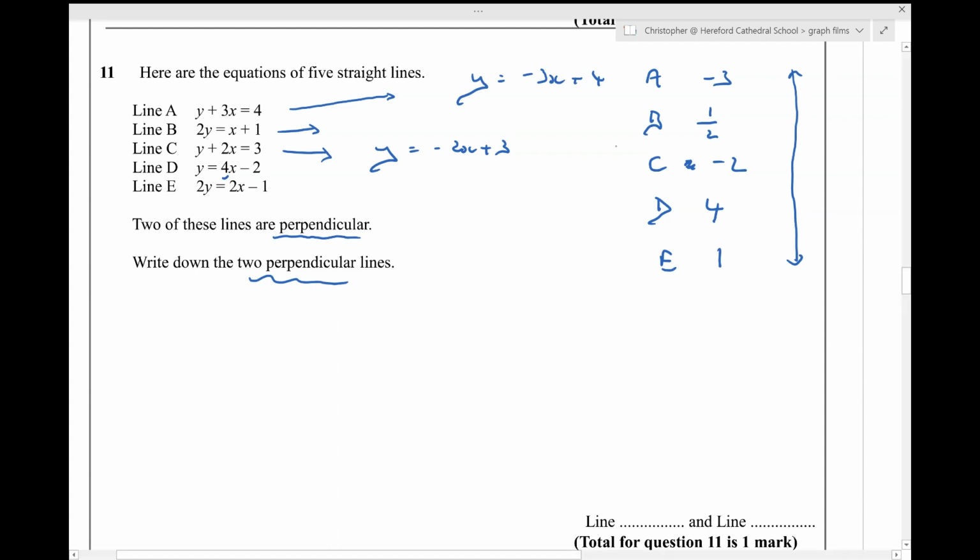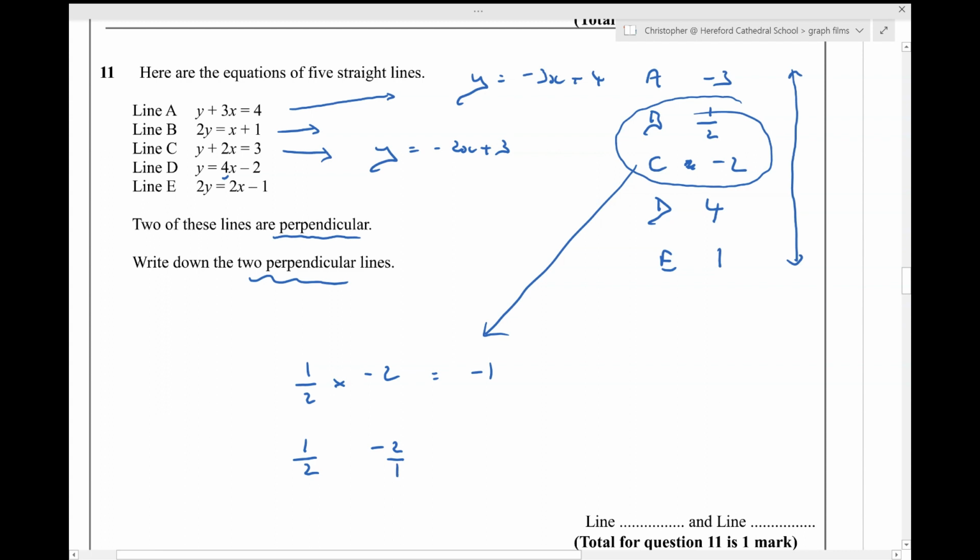And indeed I can, because B and C, look at that, a half times minus 2 multiplies to minus 1, and we know the gradients of 2 perpendicular lines multiply to minus 1. Or if you start with one of them, then the gradient of the other is the negative reciprocal. So my 2 lines which are perpendicular are lines B and C. And that is question 11 done.